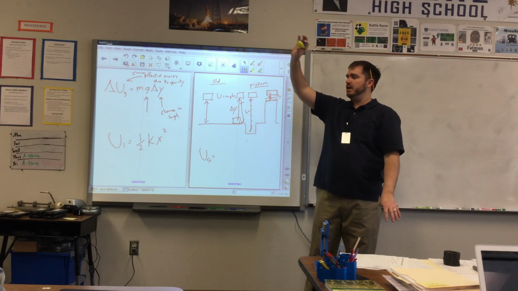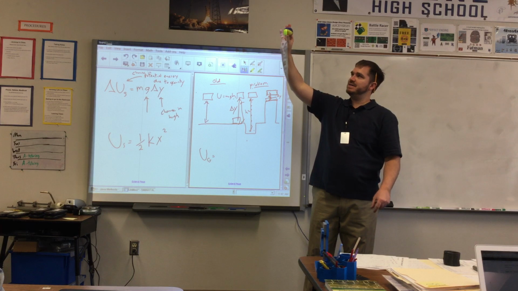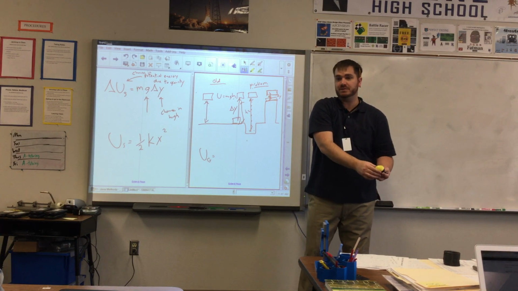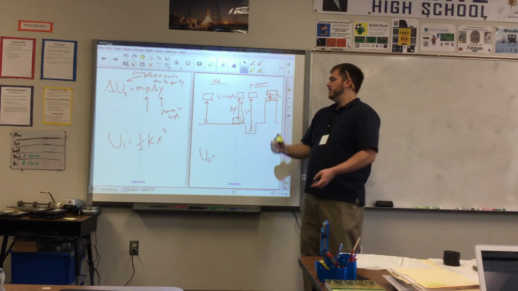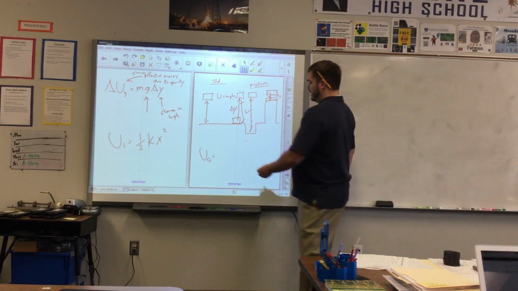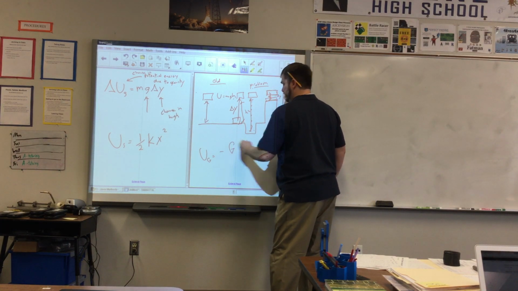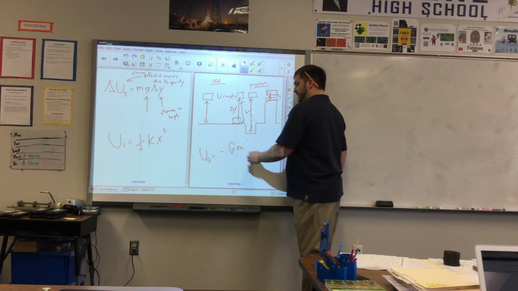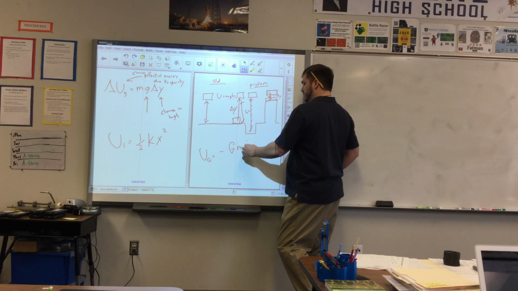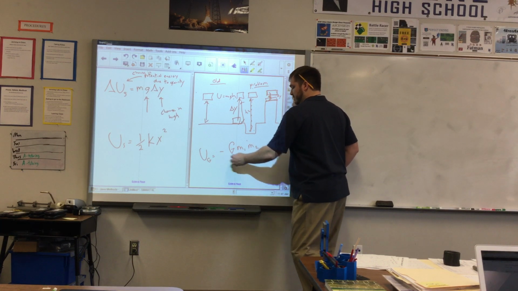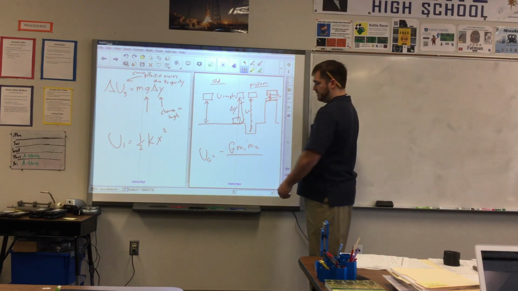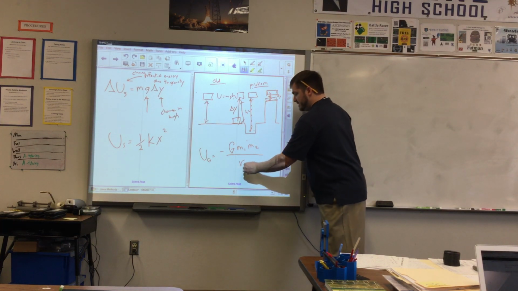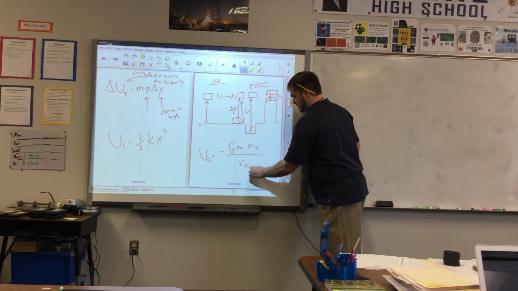Because at that point, when this is at the very center of the Earth, then its potential energy is 0, okay? But this is equal to negative G, that's that gravitational constant, times the mass of the juggling ball, mass of the Earth, divided by R, the radius, where radius is the distance between their centers.